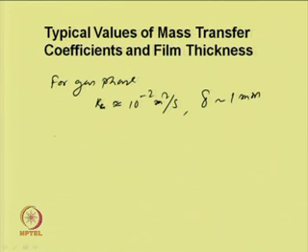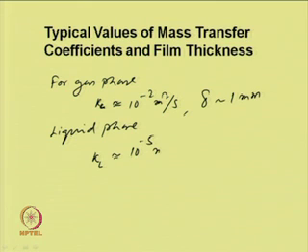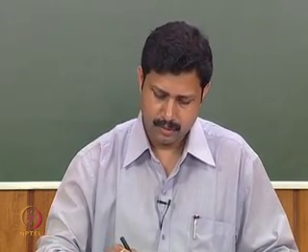In case of the liquid phase, kL is approximately 10 to the power minus 5 meter per second, and the film thickness is around 0.1 millimeter. So, this is the end of lecture 1 of module 2. Thank you.